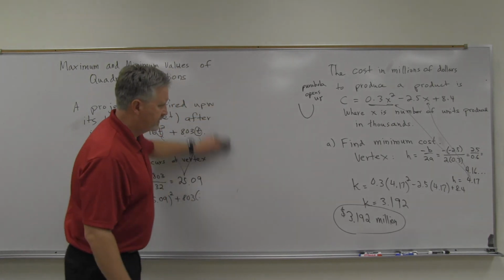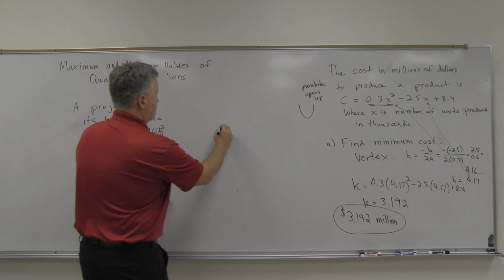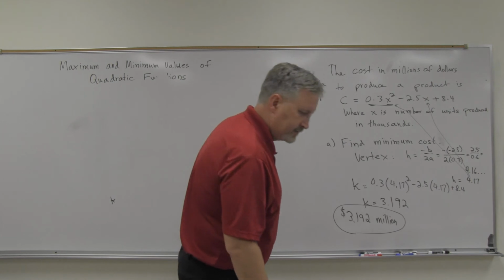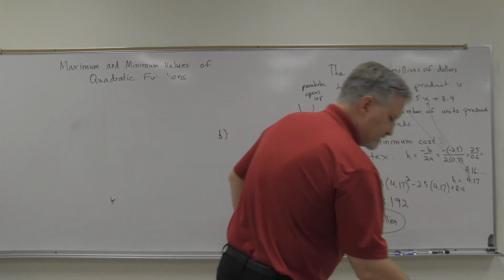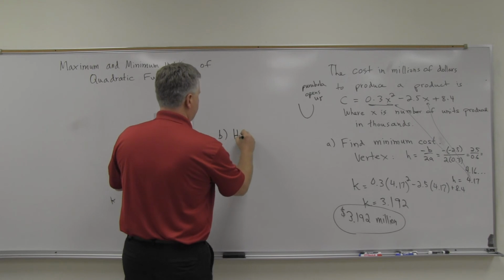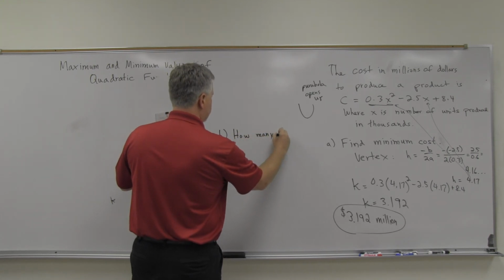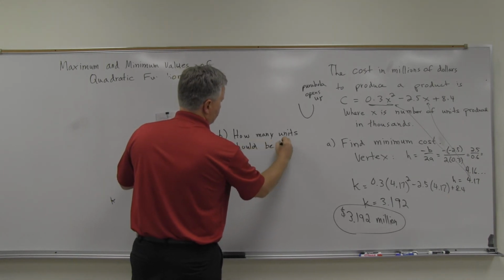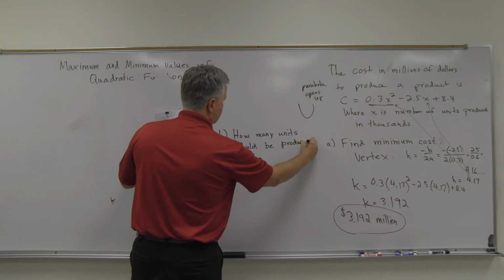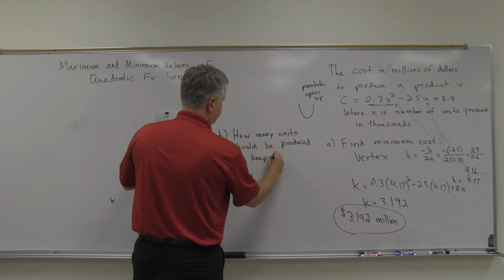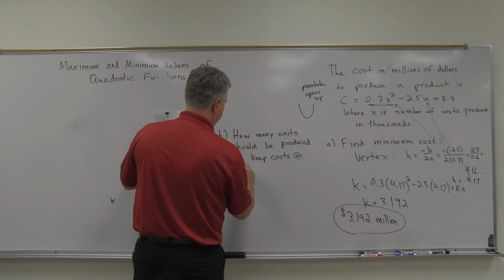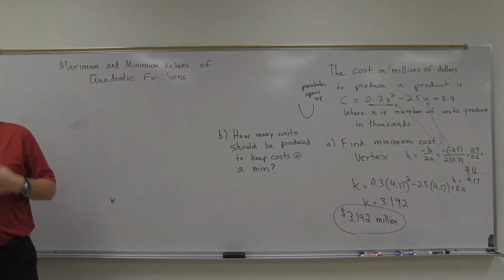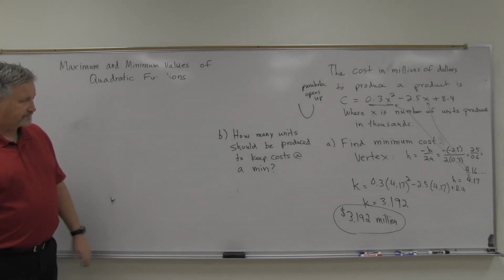Any questions on that? So the b part here, the other part I may ask, is how many units should be produced to keep costs at a minimum? Well, actually we've already got the answer to that.